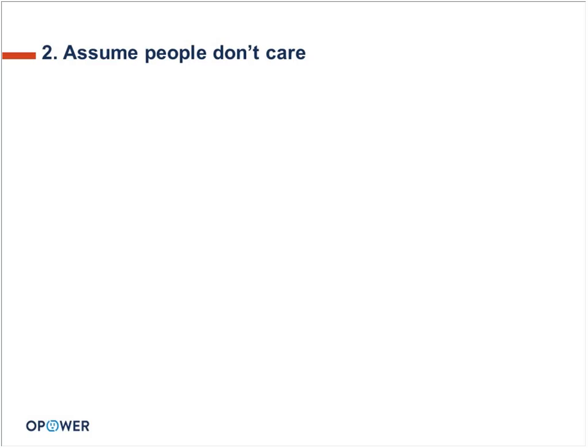But this is something that we have to remind ourselves often at Opower, because if we are designing products for people who are not as engaged as we are, we have to design things differently. We need to assume what I call the burden of relevance, boring until proven otherwise.